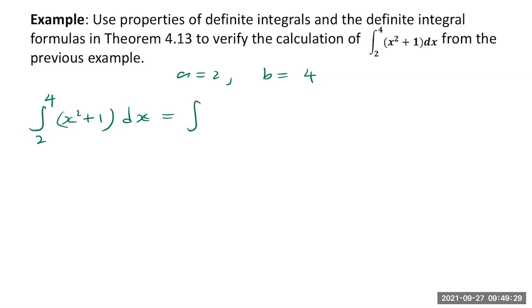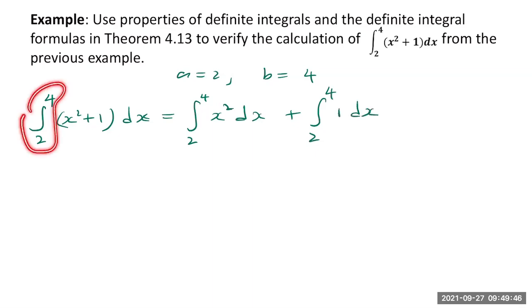The definite integral of x squared from 2 to 4 plus the definite integral of 1 from 2 to 4. I'm just distributing this integral symbol inside the parentheses. That's the sum rule for definite integrals. All right, now how do I find these two integrals? That's where theorem 4.13 is going to help us.